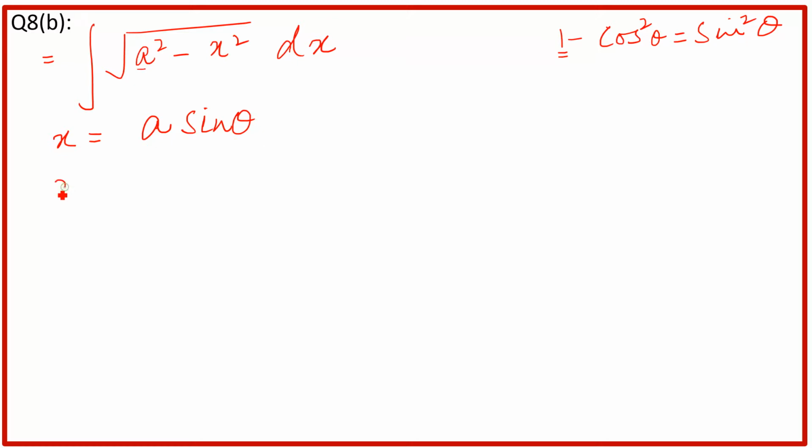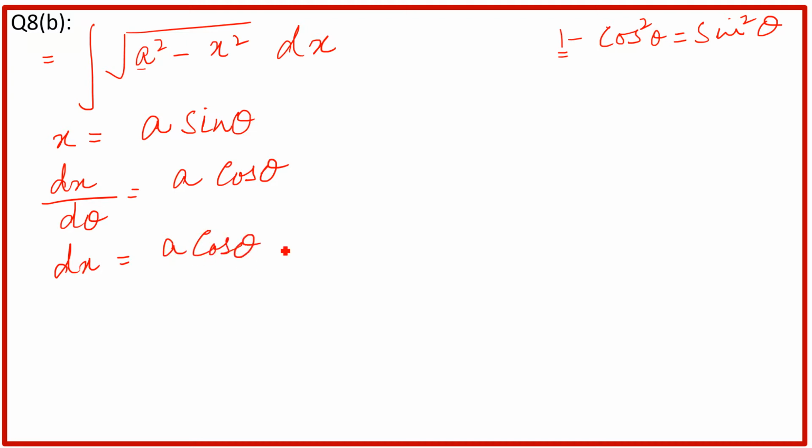Now we will take the derivative of it, dx over d theta, which is equal to a cos theta. Then we will do separate d theta, right? So instead of this dx, we can write a cos theta d theta.